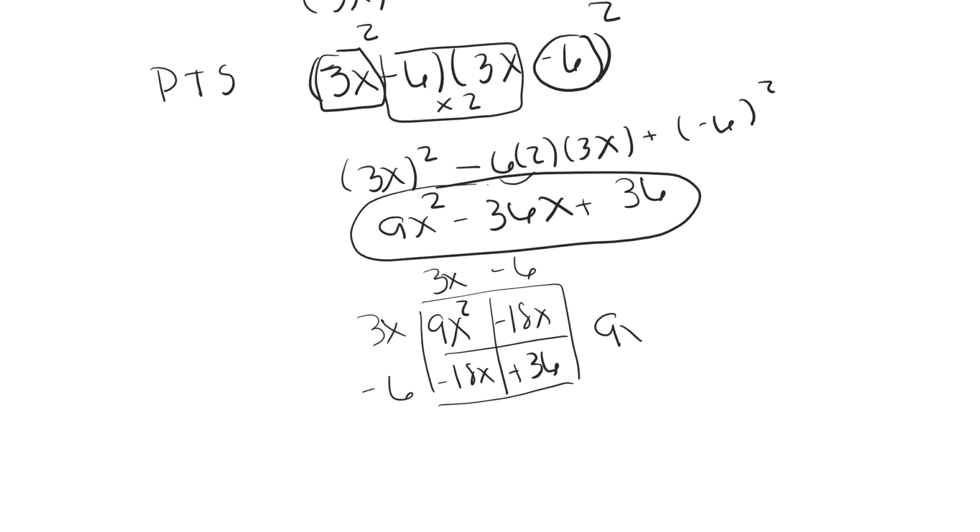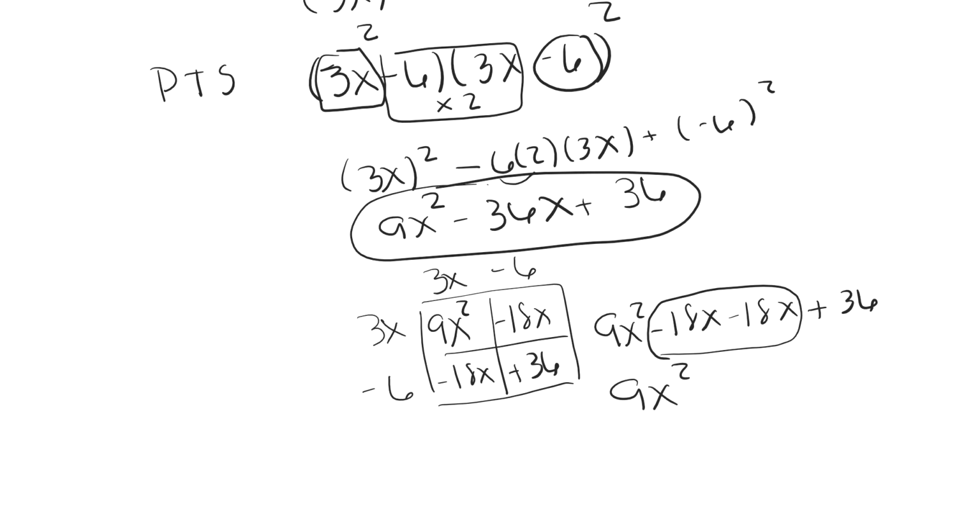That's 9x squared minus 18x minus 18x plus 36. Combine your two x terms. Got 9x squared minus 36x plus 36. And that is the final answer.